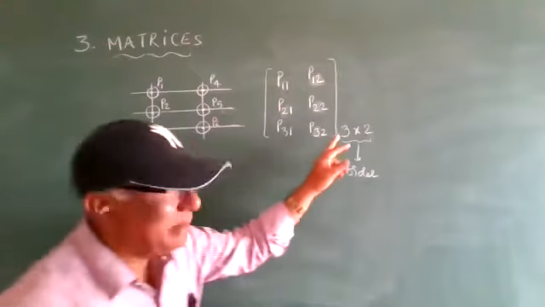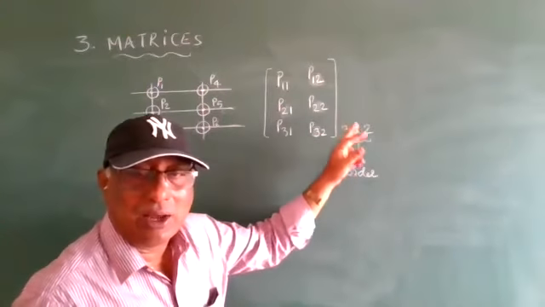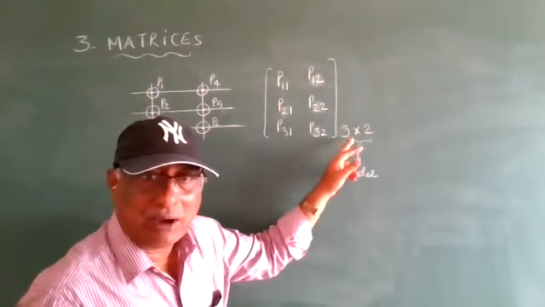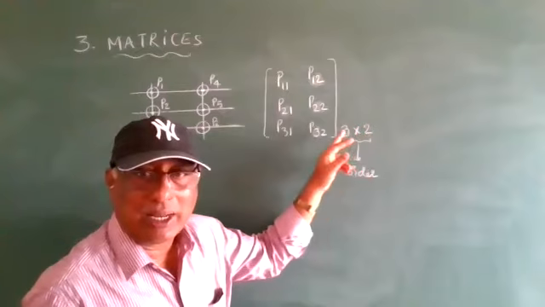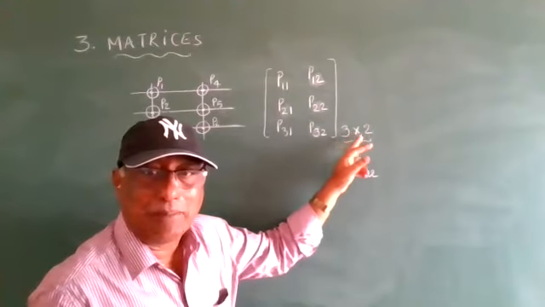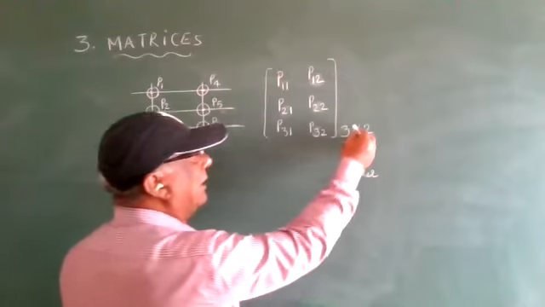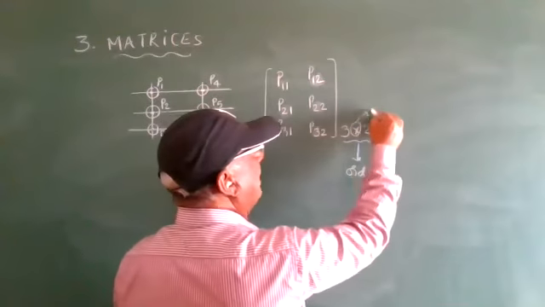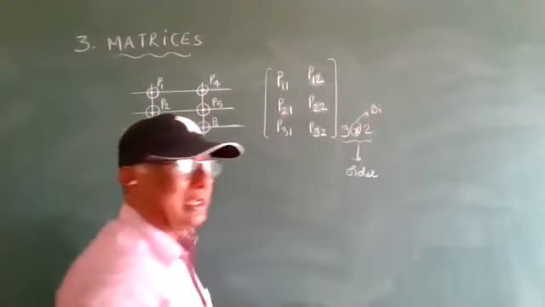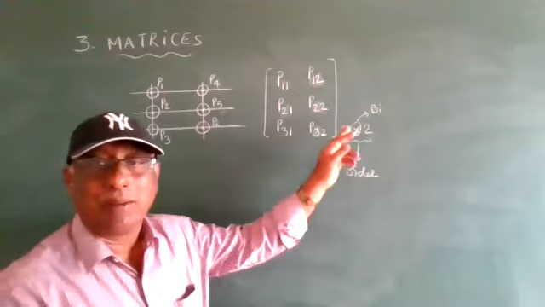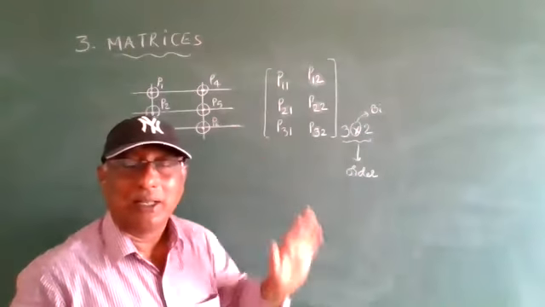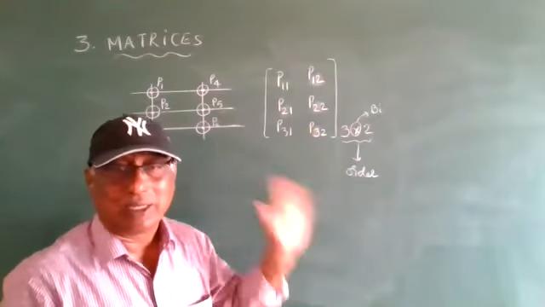How many horizontal lines, how many vertical lines? 3 horizontal lines, 2 vertical lines. Reading as 3 by 2, writing as 3 into 2. Writing is a multiplication, but reading is 3 by 2 order. So 3 horizontal lines, 2 vertical lines.